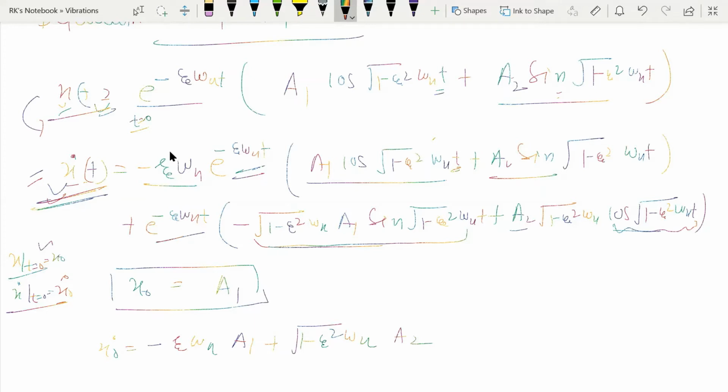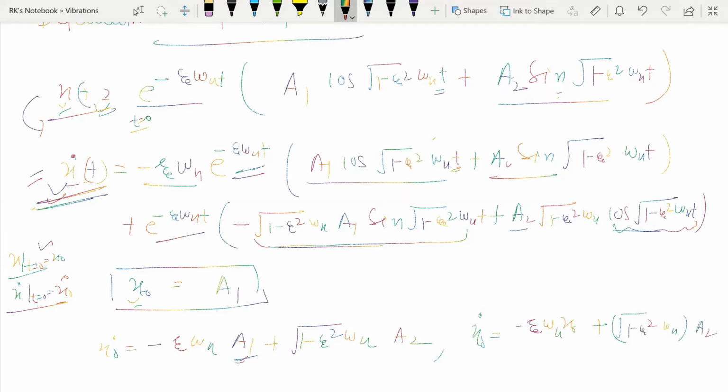In this, A1 is already known to us, so we can replace it by this value. This can be written as x naught dot equals minus ζωn, at the place of A1 we write x naught, plus √(1−ζ²) ωn multiplied by A2.